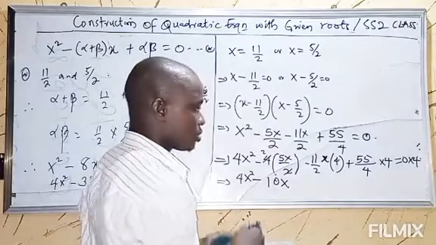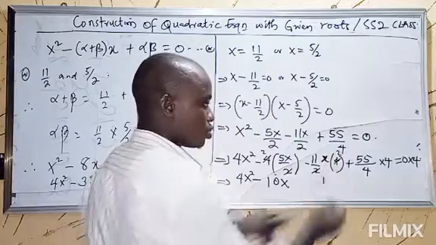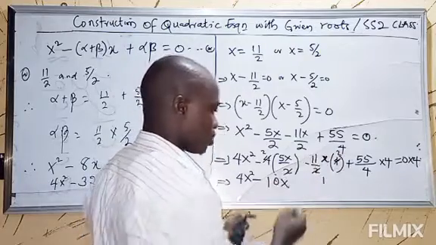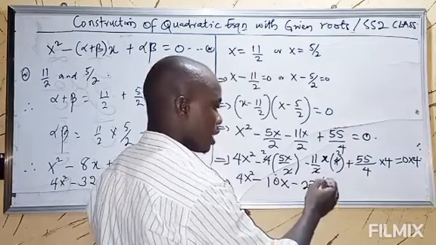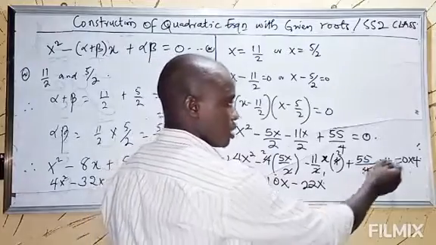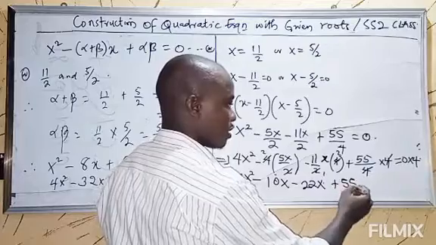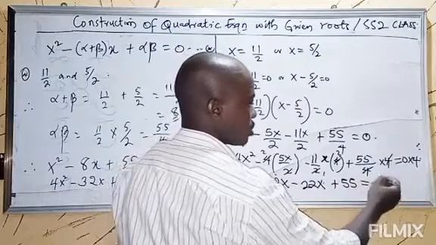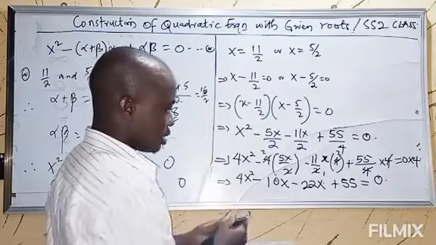Are you getting it now? So now you can see 2 here 1, 2 here 2. 2 times 11x, we have minus 22x. Are you getting what I'm doing? And this one, we cancel this one here. We have plus 55 equals to 0 times 4 is what? Is 0. So now if you look at this, you'll see that there is something.